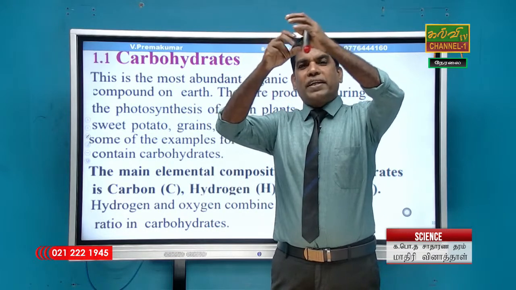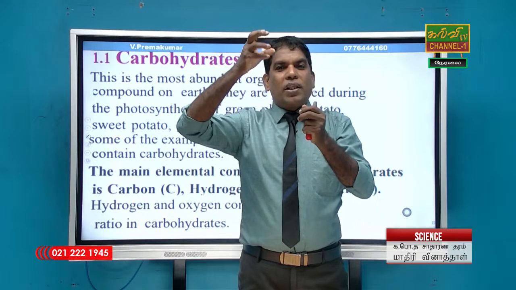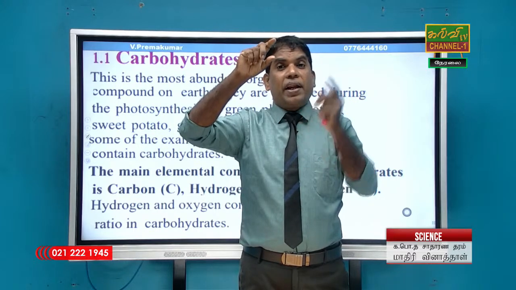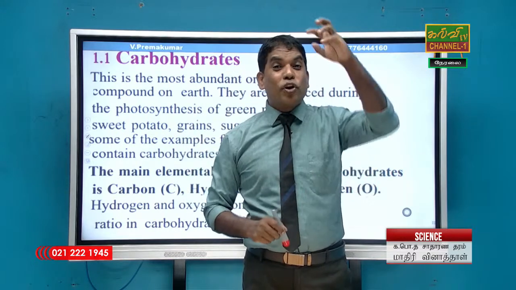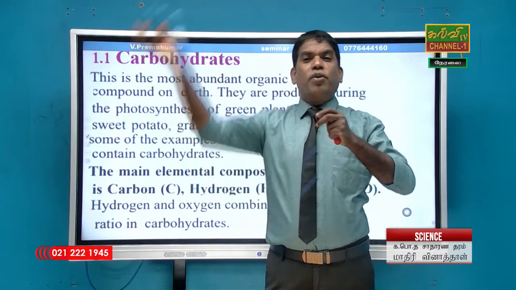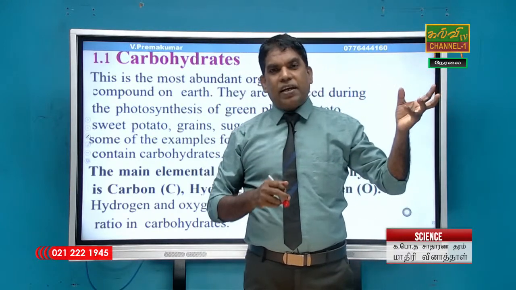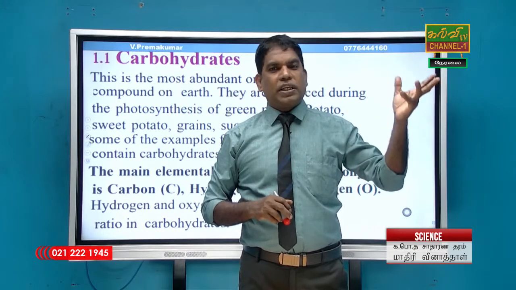In front of sunlight, they produce glucose. Glucose contains carbon, hydrogen, oxygen. Many glucose molecules combine into a polysaccharide, so a polysaccharide also has carbon, hydrogen, oxygen.